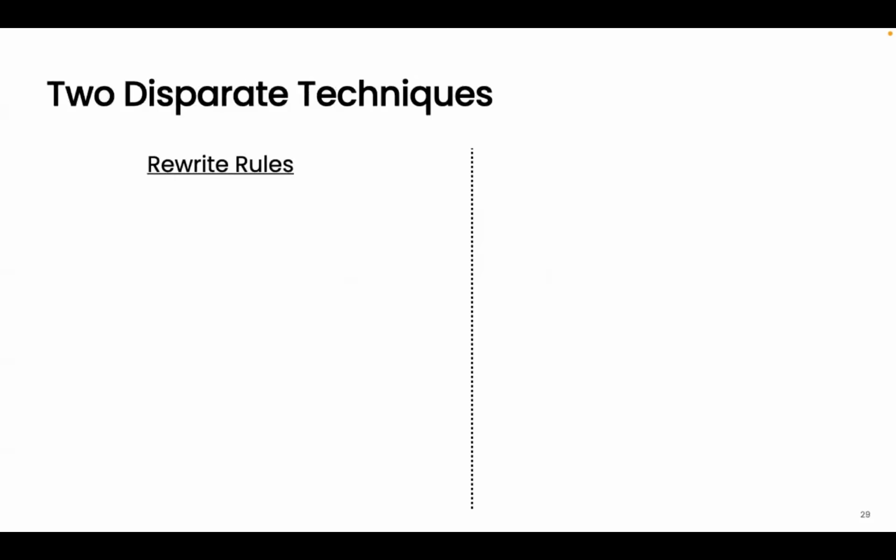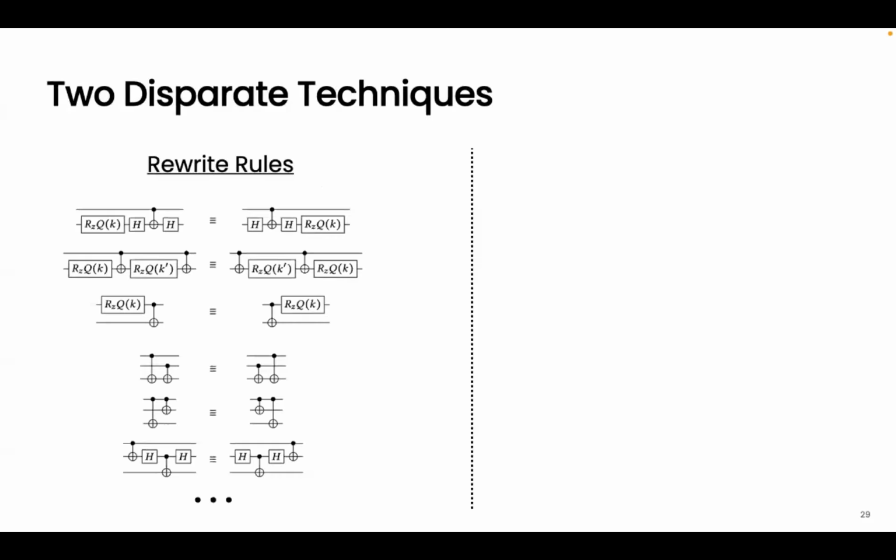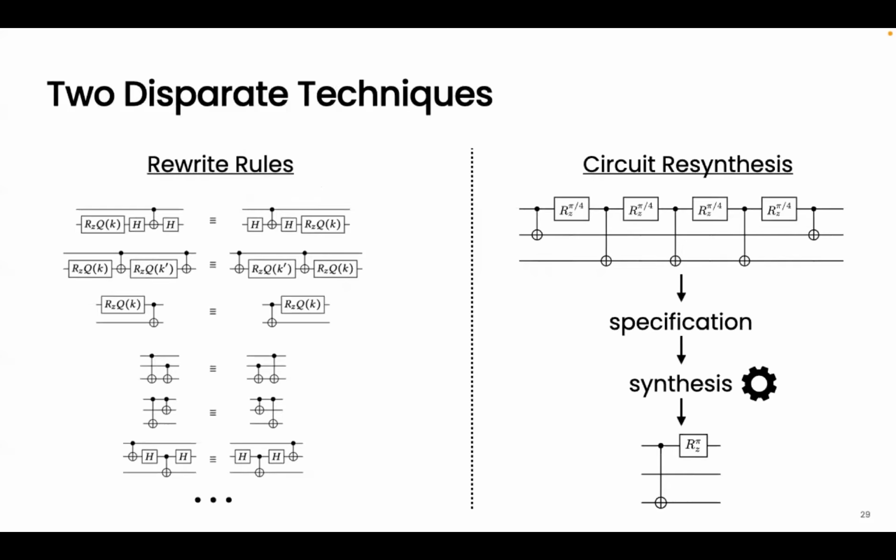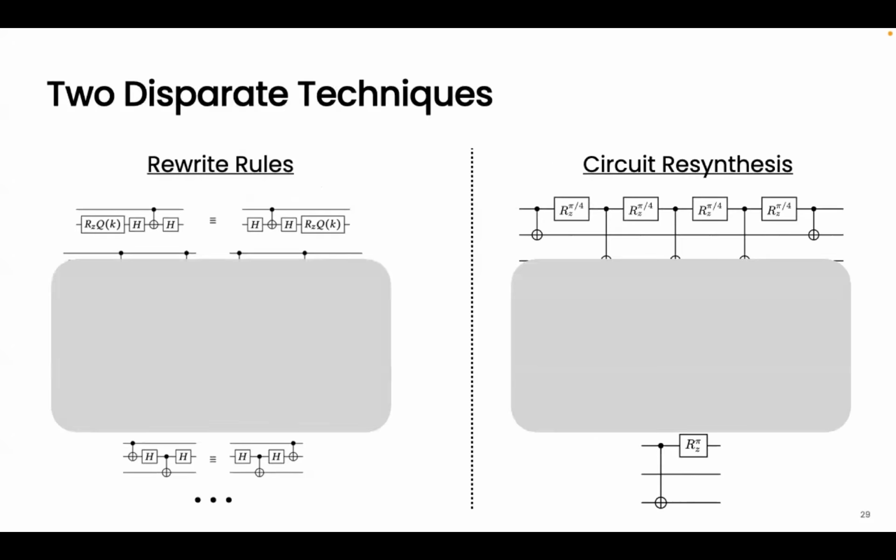And to complicate things, we seemingly have two very different techniques for doing this. One is the rewrite rule paradigm, and the other is the one where we re-synthesize subcircuits. And they each have their own strengths. Rewrite rules are very fast to apply because we pre-compute this database of patterns, and you're just searching your circuit for matches. In resynthesis, you need to compute the unitary and then send it off to the synthesis algorithm, which itself is a pretty hard search problem to synthesize a circuit.